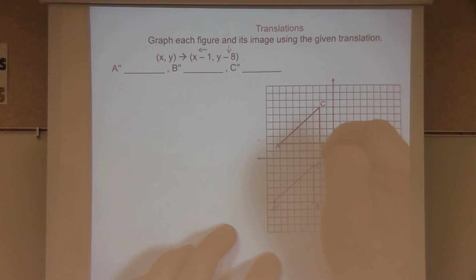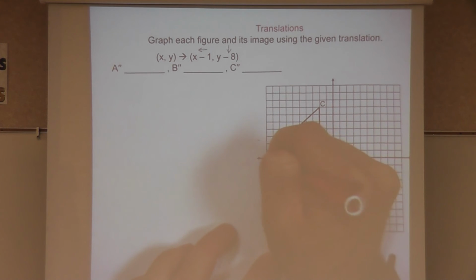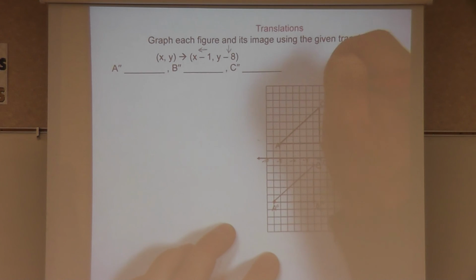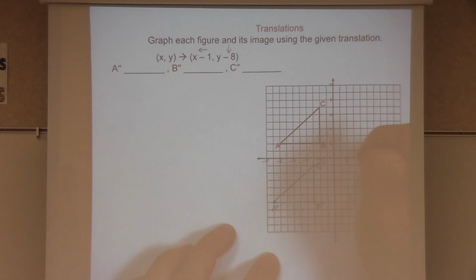So let's put some scale on here. So this would be -2, -4, -6, -8, -10. And so on all the way around, just to make sure I do this right.